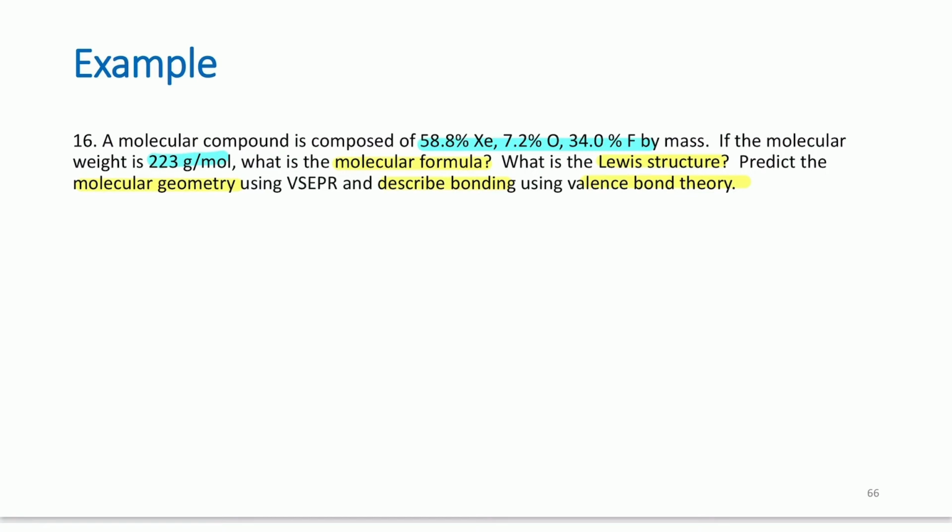So, 58.8% xenon, 7.2% oxygen, 34% fluorine. I want you to assume you have a 100-gram sample, because then you can say that you have, for xenon, 58.8 grams of xenon. Determine the moles. 1 mole of xenon is 131.29 grams of xenon.